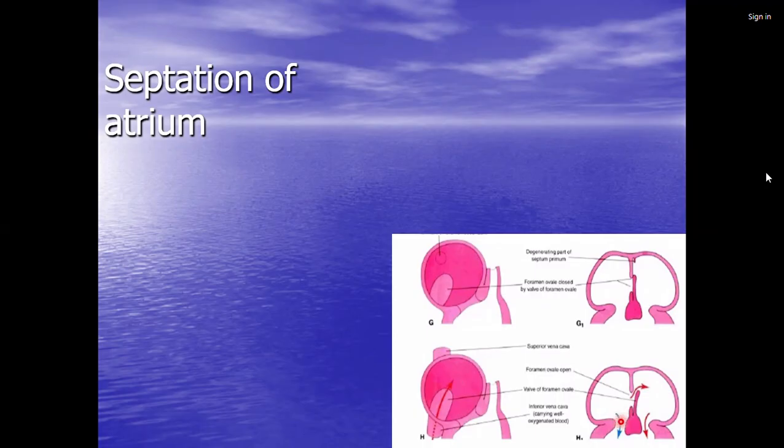This hollowing then creates what you refer to as the valves, the tricuspid valve and the bicuspid valve. It is created by the hollowing of the blood as it moves through the common atrium and the ventricle.